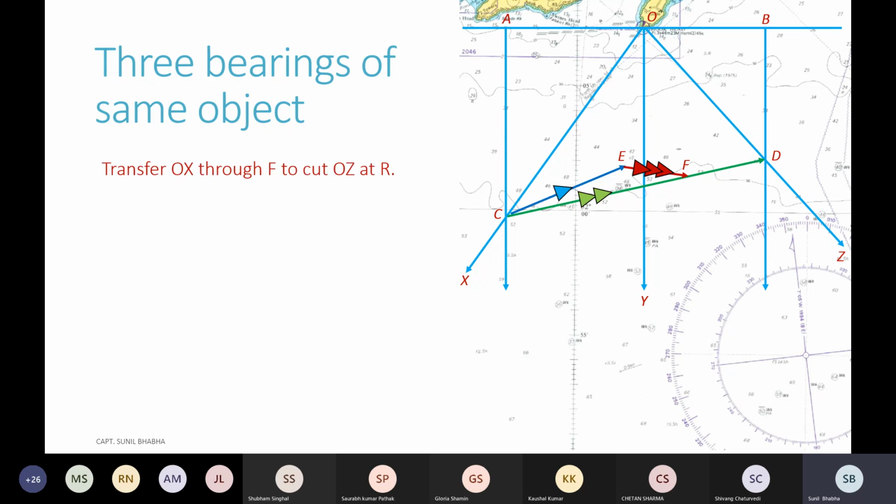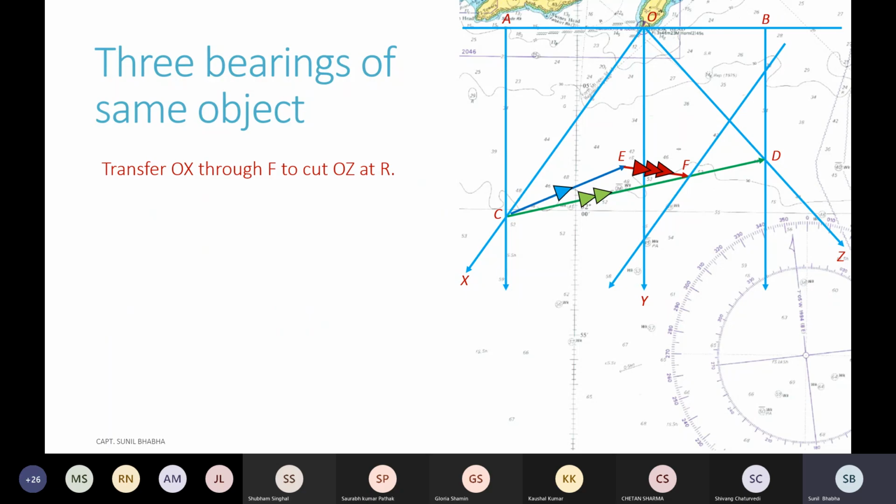Now let's see how do we find out our positions. Now for finding the position, we transfer our first bearing line, that is OX, through point F. So let's pick up our parallel ruler, align it with the first bearing line OX and transfer it to pass through Foxtrot or F point.